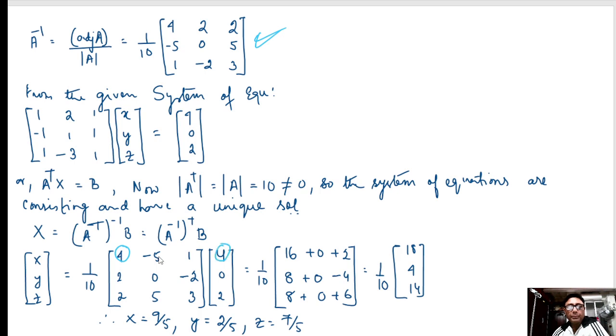Four into 4 plus minus 5 into 0 plus 1 into 2 is this line. And then 2 into 4 plus 0 into 0 plus minus 2 into 2 is this line.